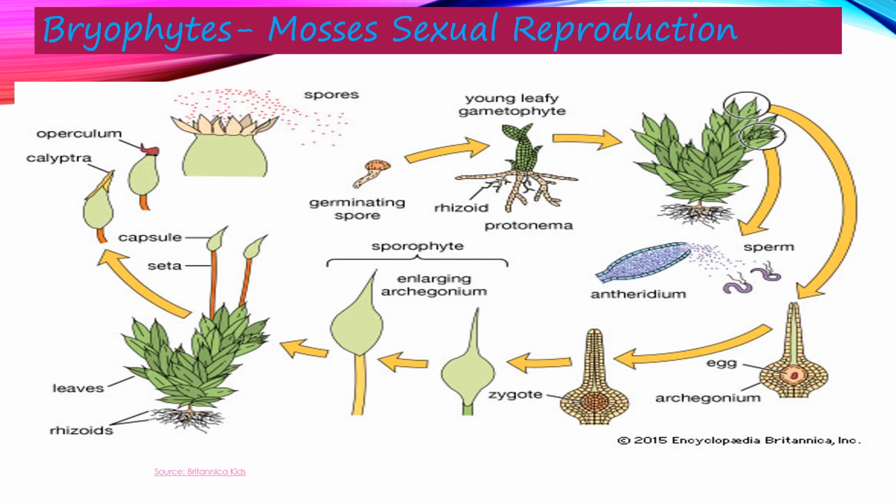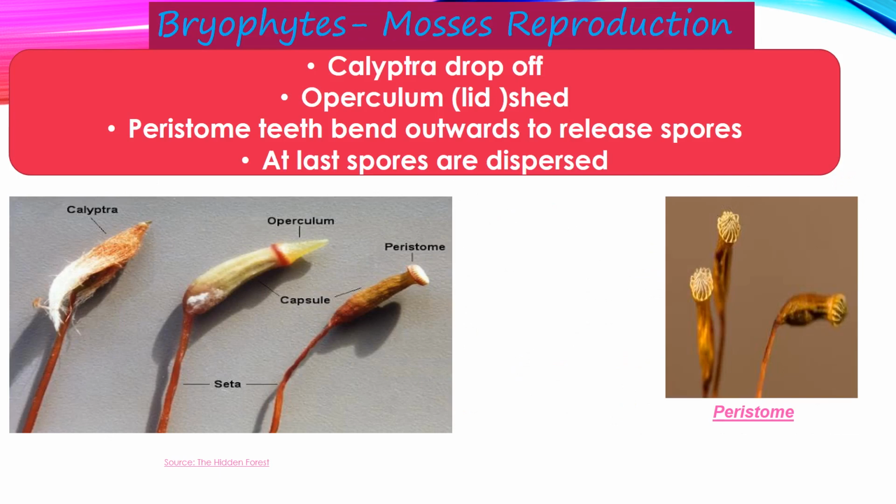Elaters are absent in capsules of mosses, but still mosses have an elaborate mechanism of spore dispersal. When the capsule becomes mature and dry, the covering of the capsule called calyptra drops off. Calyptra is the remain of archegonium. Then the operculum lid will also be shed off.